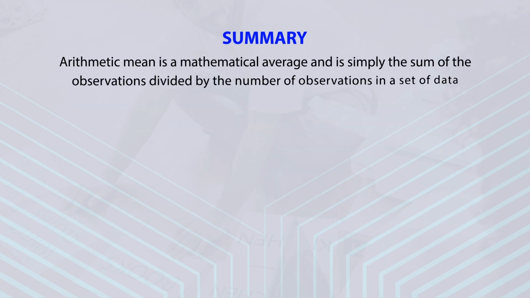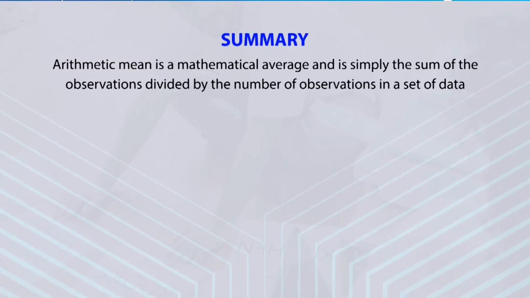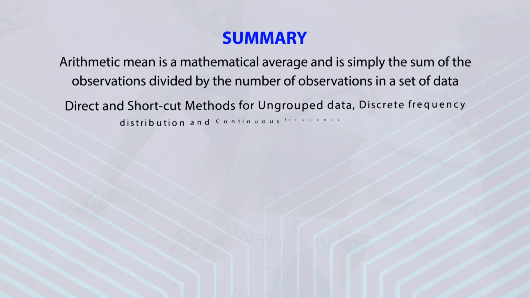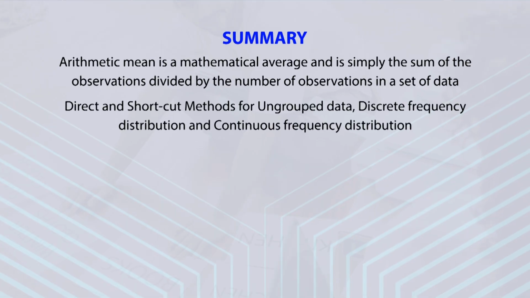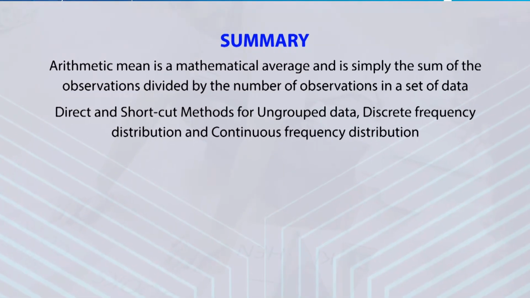Arithmetic mean is a mathematical average and is simply the sum of observations divided by the number of observations in a set of data. Direct method and shortcut methods have been discussed in this session for three kinds of data, that is ungrouped data, discrete frequency distribution and continuous frequency distribution.